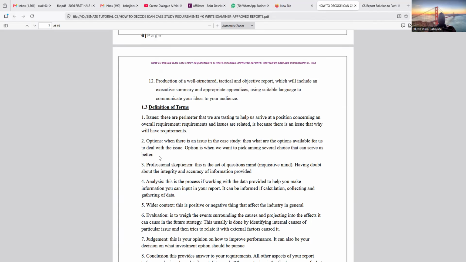For example, my company is having a financial constraint. How can I solve it? They can go by equity, by getting more debt, or by getting a foreign investor or grants from the government. So these are options available.